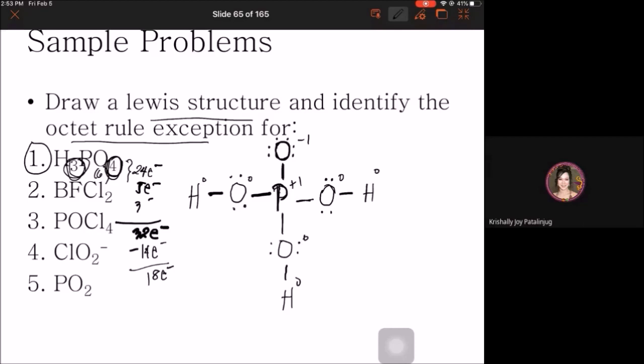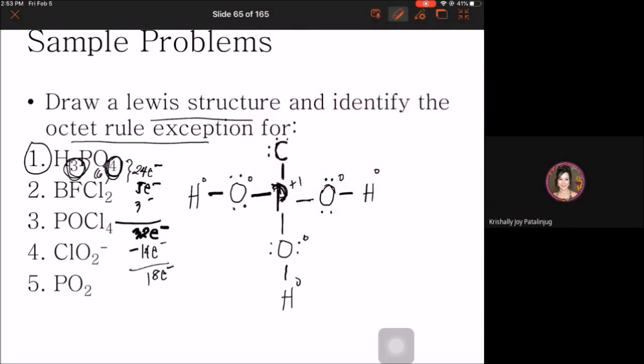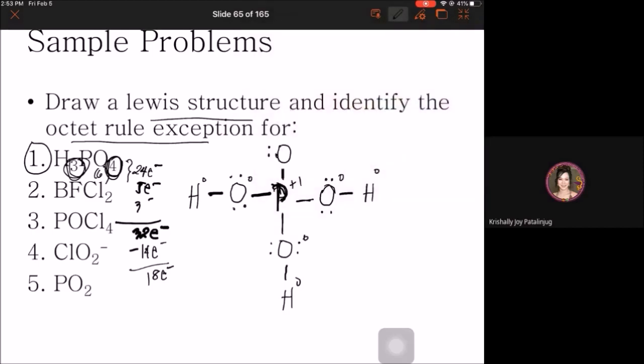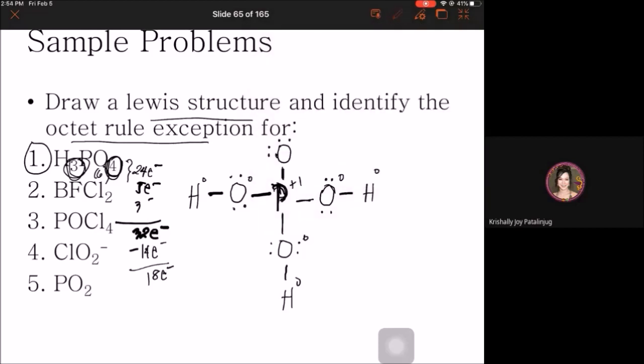We all know nga si phosphorus, capable siya of expanding. Therefore, we can change one lone pair from that, from 6, change natin yung one lone pair na yan into a bonding pair towards phosphorus.